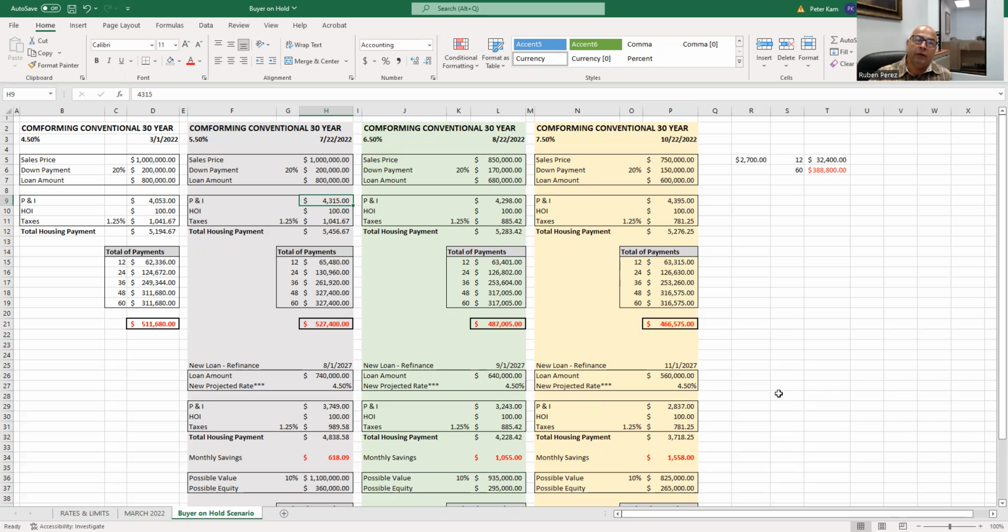Again, I will include the income for them to qualify, but that's going to be based solely on this number, not just a housing payment. If they have a car payment for $500 and credit cards for 200, you have to take that into consideration. It's going to lower their qualifications, or they're going to need more income to compensate for those additional debts.